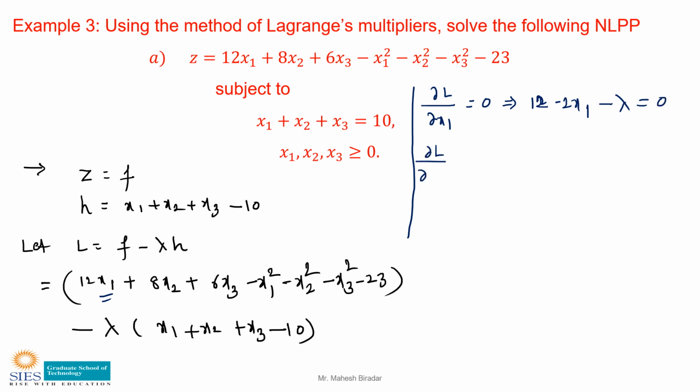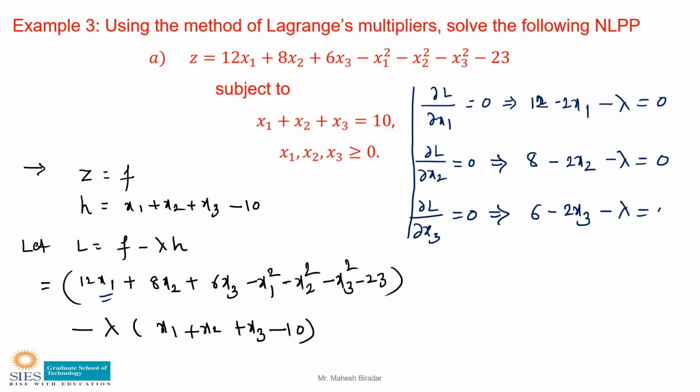Dou L upon dou x2 equal to 0 gives 8 minus 2x2 minus lambda equal to 0. Dou L upon dou x3 equal to 0 gives 6 minus 2x3 minus lambda equal to 0. Dou L upon dou lambda equal to 0 gives x1 plus x2 plus x3 minus 10 equal to 0.